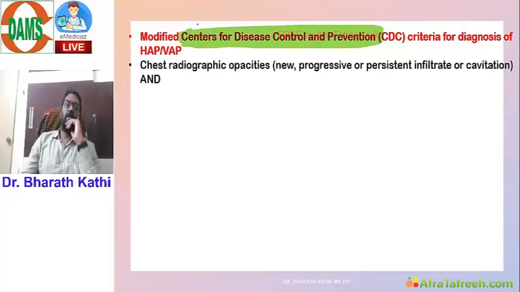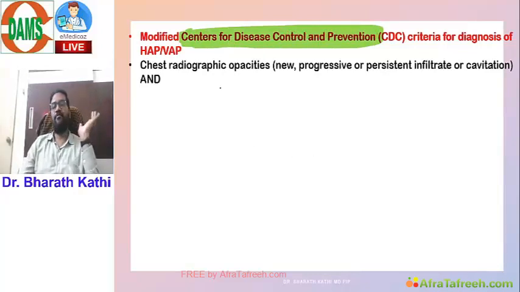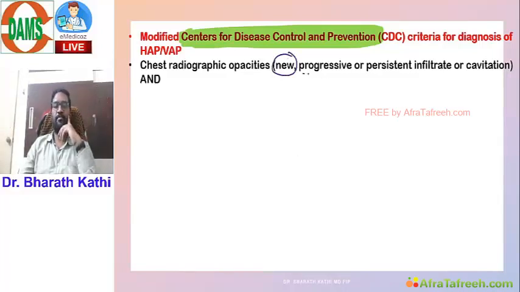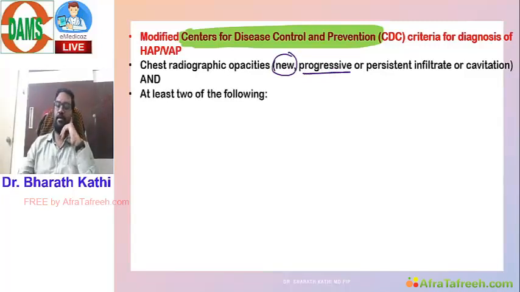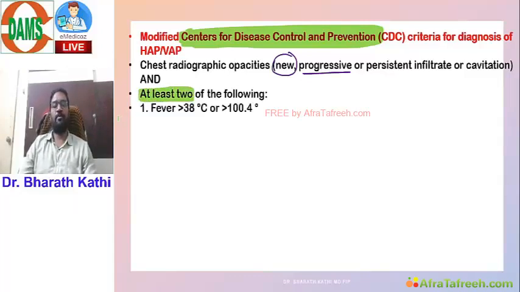So the patient should be having chest radiograph opacities. So you have taken a chest radiograph. This should be new, or the patient already has an old infiltrate that has progressed, or persistent infiltrate or cavitation. Along with that, at least two of the following.